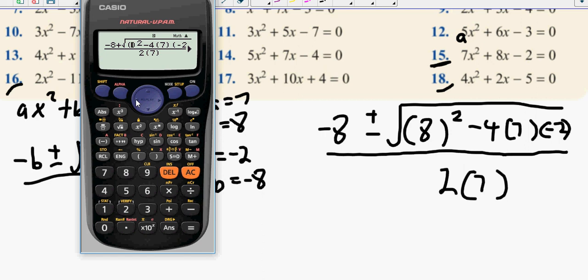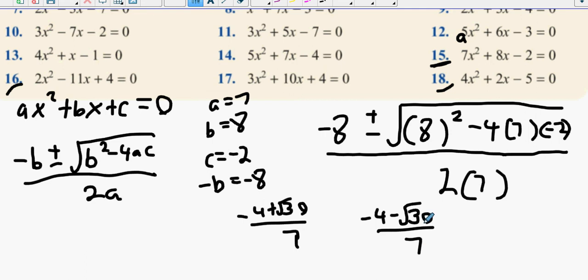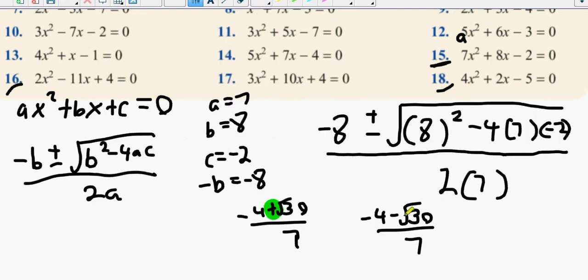You're about to get 2 answers here. First one is minus 4 plus root 30 over 7. It makes the second answer minus 4 minus root 30 over 7. All we ever have to do to get to 2 answers is change one of them. See the way it only ever goes plus and minus. That's what the plus or minus sign means. One of them's a plus, the other one's a minus.